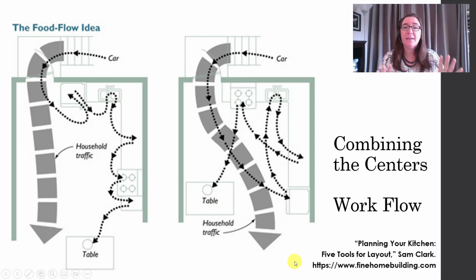The idea here is that the example on the right has far more back and forth steps. And also notice that the main traffic path, which they're calling household traffic, is crossing the path of this cook multiple times.